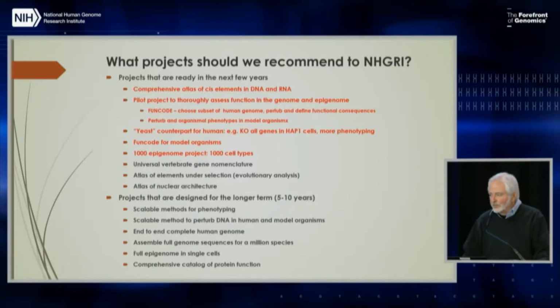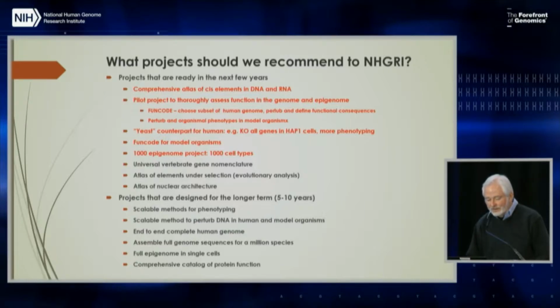So one proposal, this actually came from John Stamatoianopoulos, that is a way to make some concrete progress in this difficult issue of assessing the function of each of these elements in the catalog, was a pilot project. And the aim is to thoroughly assess function in many different ways, okay?